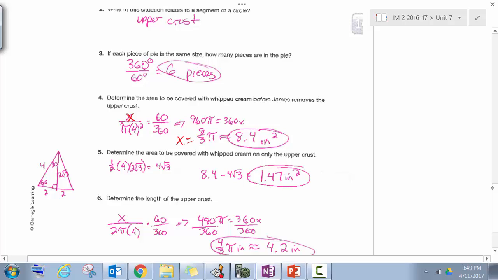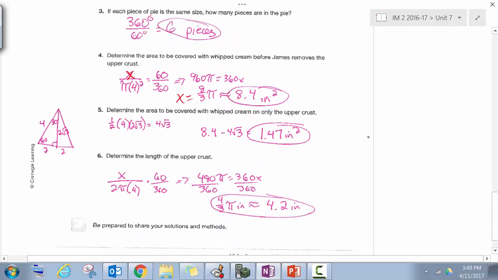Determine the area to be covered with whipped cream on only the upper crust. So what we need to do is find the area of this triangle. We know those are 4, that's 60. So what I did is turn it upside down, drop an altitude, and it splits it in half. So it's a 30, 60, 90 triangle.